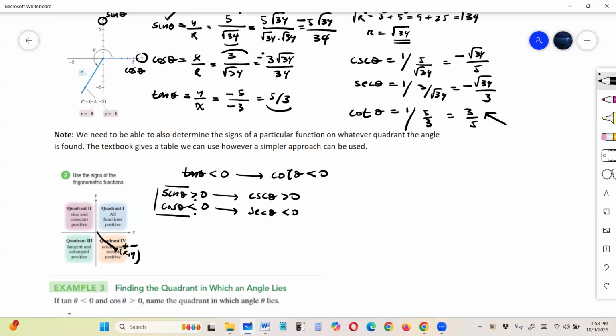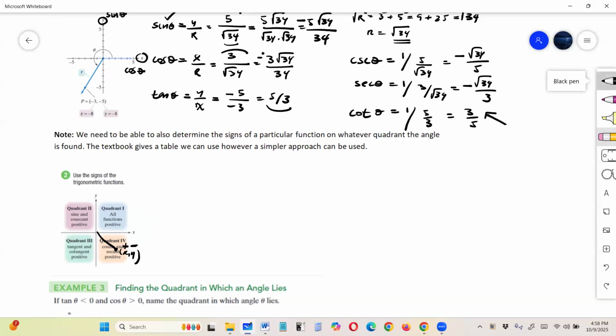Now, what does that mean? Okay. If x is positive, cosine of theta is positive. If y is negative, that means the sine of theta is negative. And then sine divided by cosine, tangent of theta, is negative.